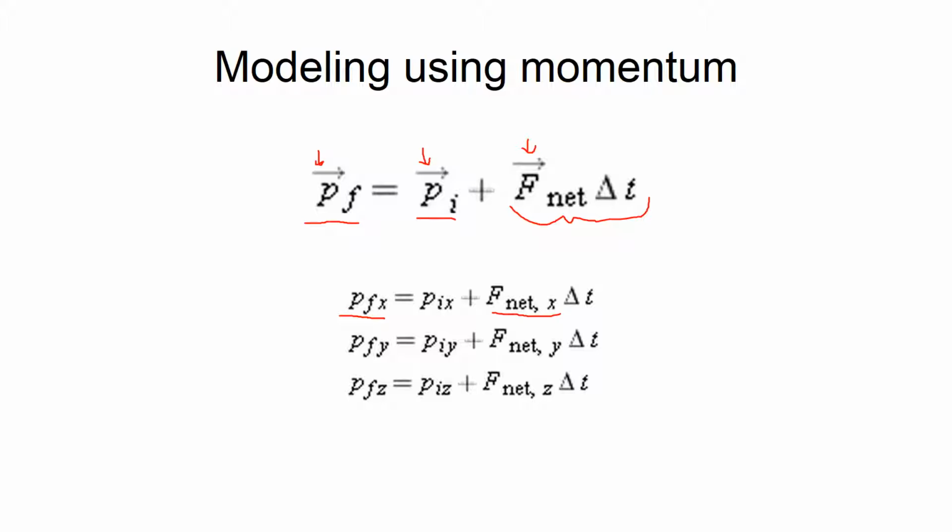So the x direction momentum is equal to the initial x direction momentum plus the x direction forces times the time intervals, and similar for y and z components.